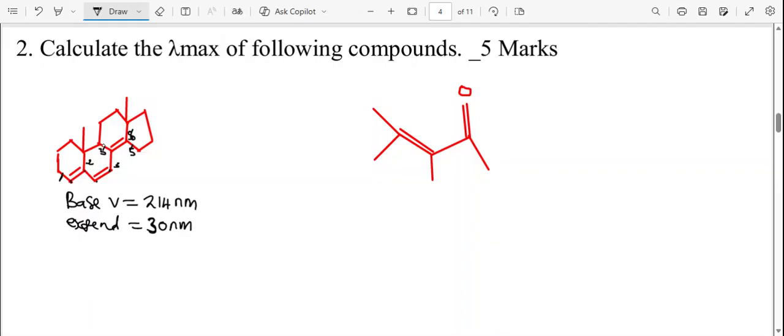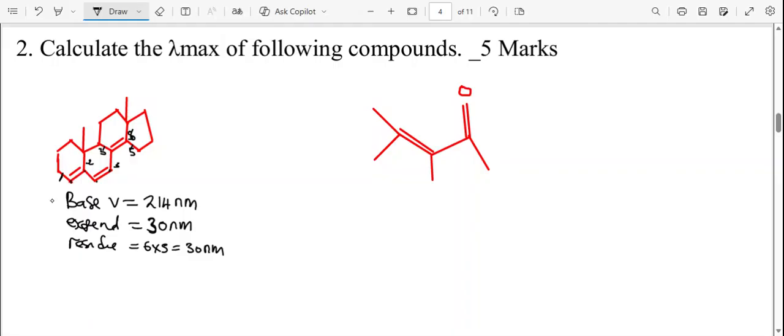These are the ring residues, or just alkyls if you want to call them that. They are 6, and each gets the value of 5. So 6 times 5 is equal to 30 nanometers. Then again we have the extended conjugation; I've already written it, and the residues too.